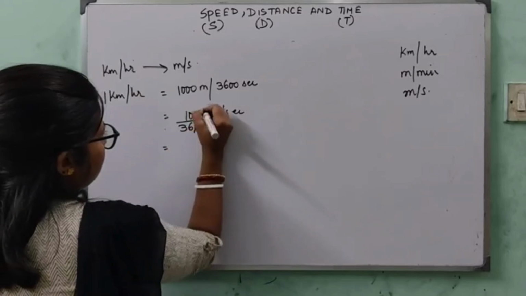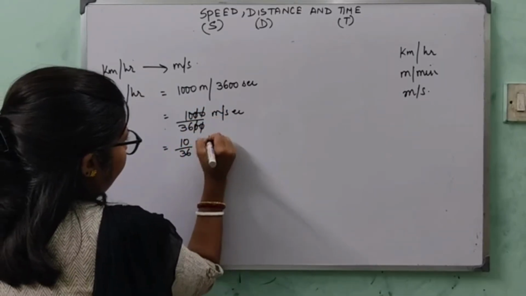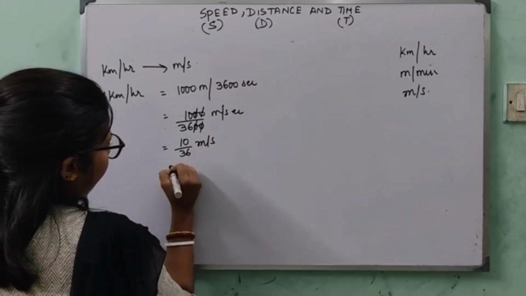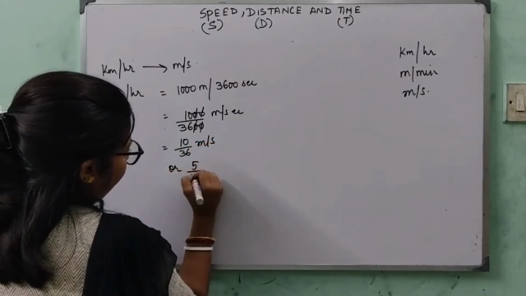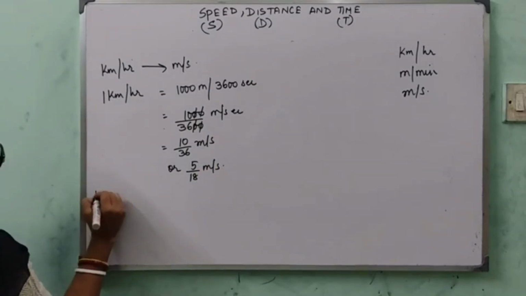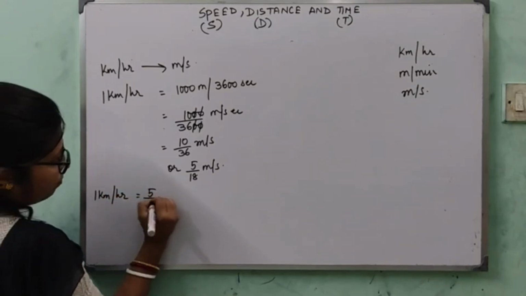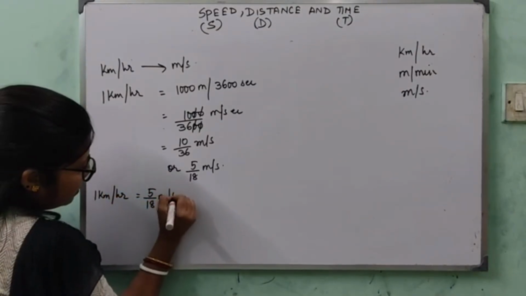So that means what we can say over here, 1 kilometer per hour is equal to 5 by 18 meter per second.